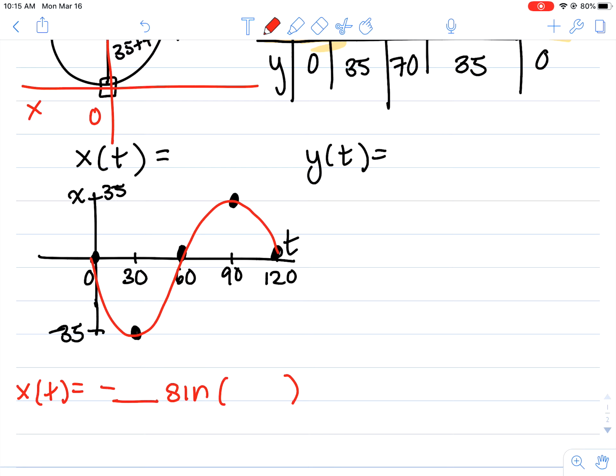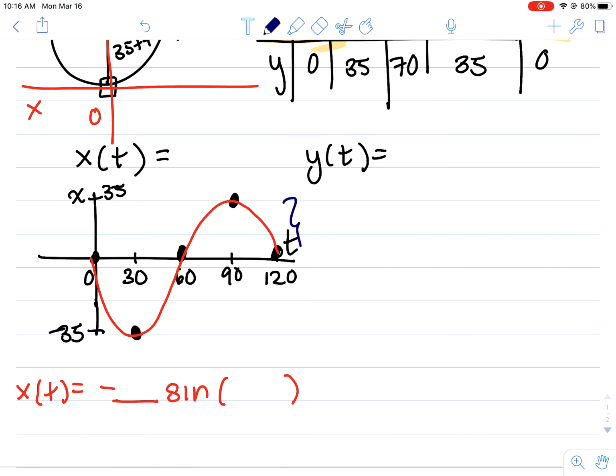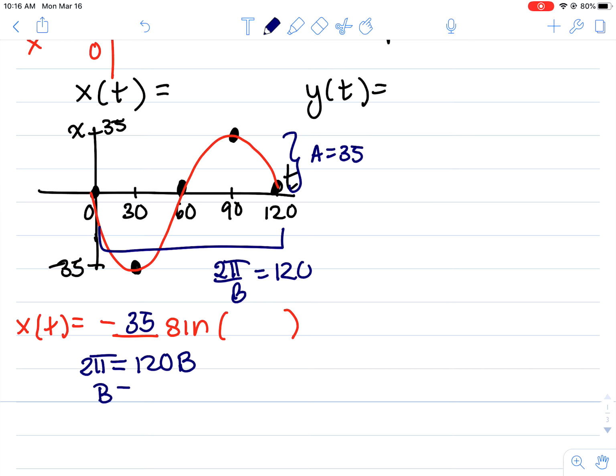All right, so then let's write an equation for a sine graph. We've done this before. We start with our a value, our amplitude, and then our b value is determined by the period. So if we solve for b, we get that b is 2 pi over 120, which is pi over 60.